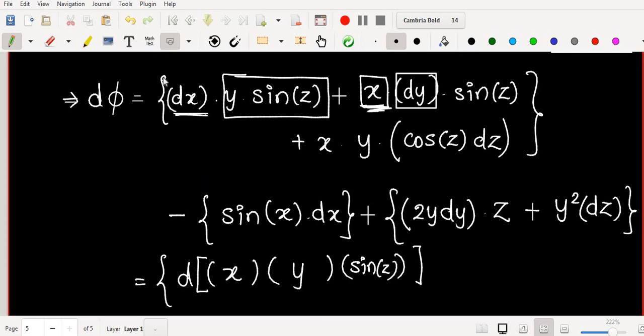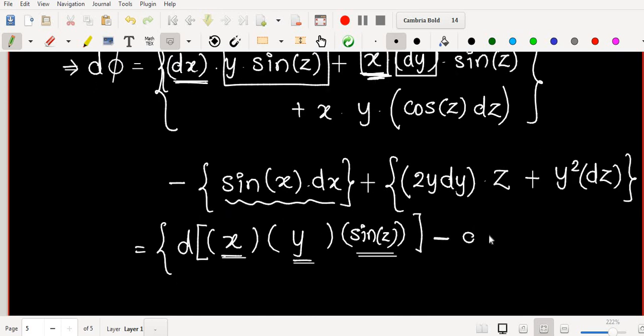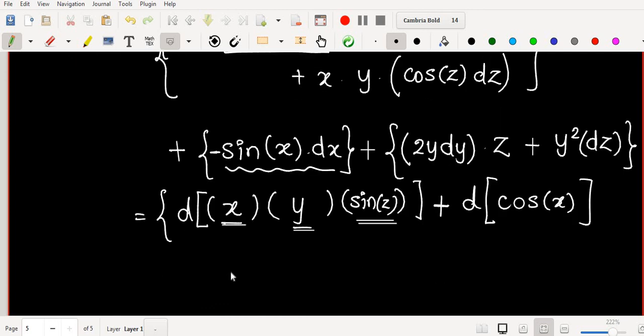So we can rewrite this bracket as derivative of product of x into y into sin z. Same is the case with, we can rewrite sin x dx as derivative of cos x, because derivative of cos x is minus sin x into dx.